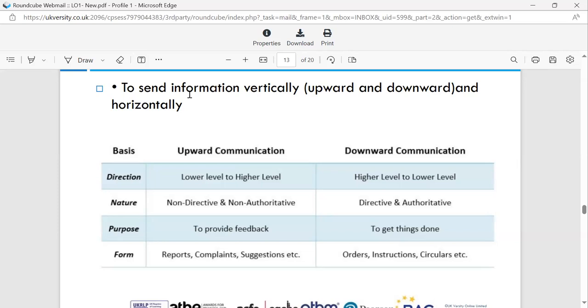An example of downward communication would be sharing policies and procedures within the company, ensuring that everyone is aware of the guidance they must follow, and by ensuring that information is shared. So that is downward communication, from the top to the bottom, and upward communication is from lower level to the top.